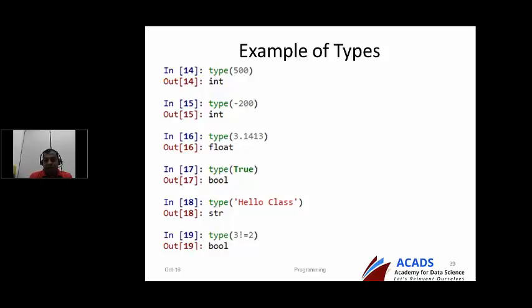For example, if I ask is 3 not equal to 2, the result will be True, and True itself has type Boolean. So the type is that of the result of evaluating the expression. Okay, any question up to this point?